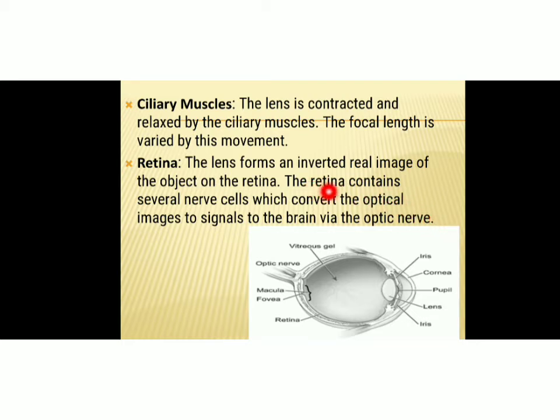The image of the dog is formed on the retina, and this retina is connected to a series of nerve cells or neurons which are connected to the brain. Through these optic nerves, the message is passed to the brain, and the brain helps us to sense it. So this is the function of the retina.